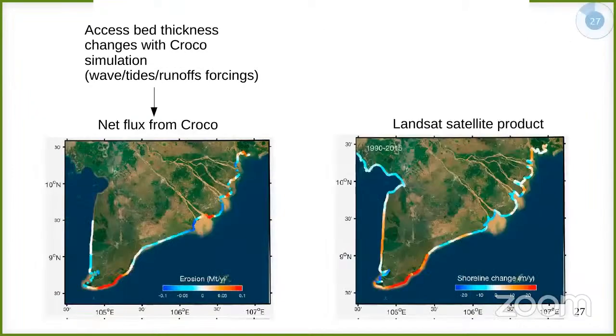So the idea is to do a big CROCO simulation, with wave, tide and CROCO forcings.